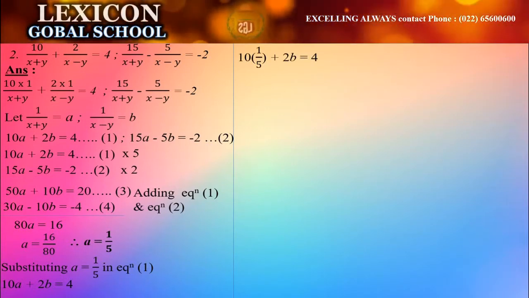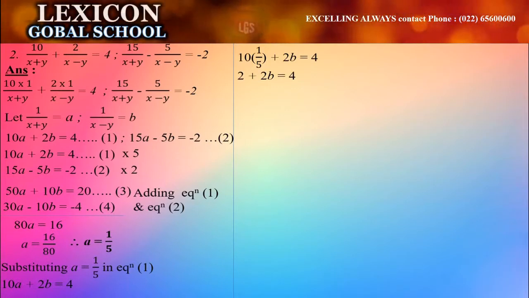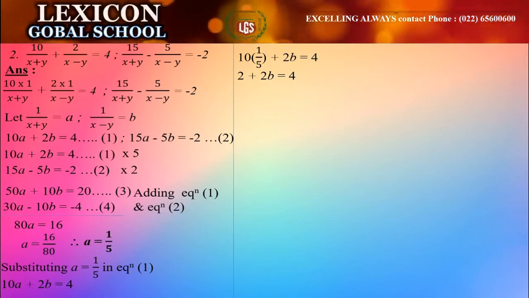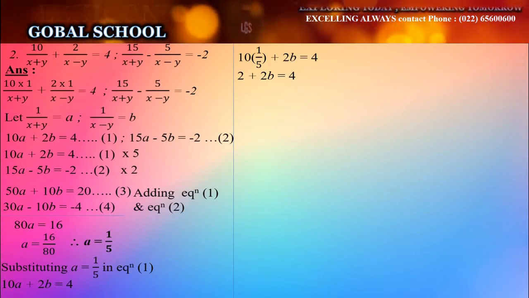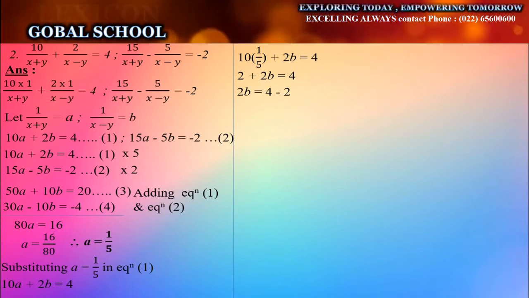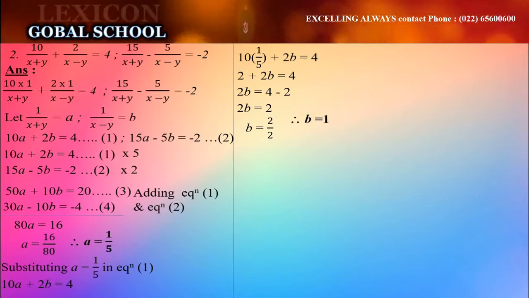So, 10 into 1 upon 5 plus 2b is equal to 4. 10 and 5, 5 ones are 5, 5 twos are 10. So, 2 ones are 2. 2 plus 2b is equal to 4. 2b is equal to 4 minus 2. 2b is equal to 2. b is equal to 2 upon 2. Therefore, the value of b is 1.